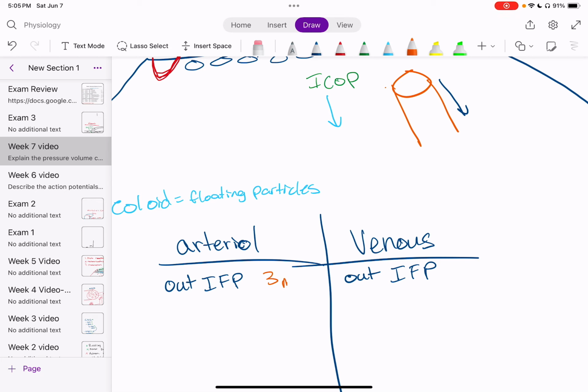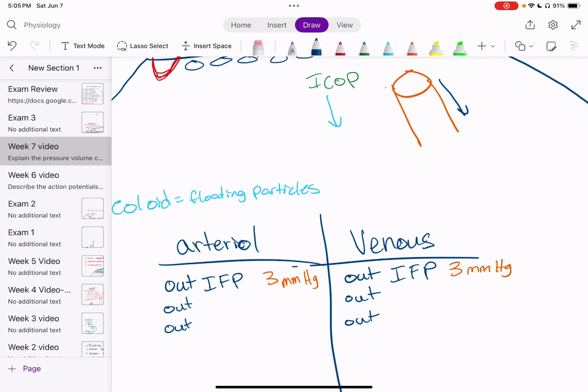This is only 3 millimeters of mercury. We have ICOP.